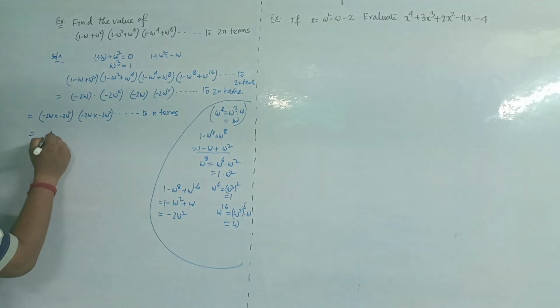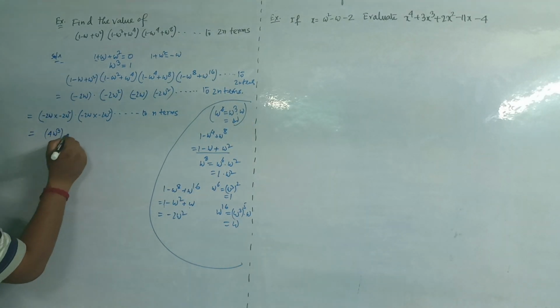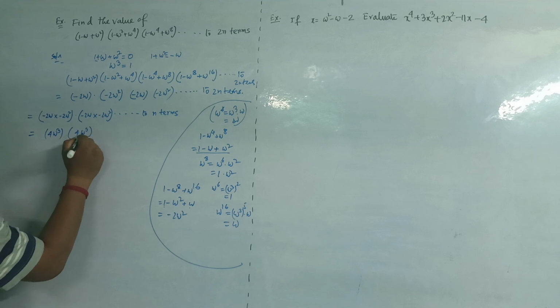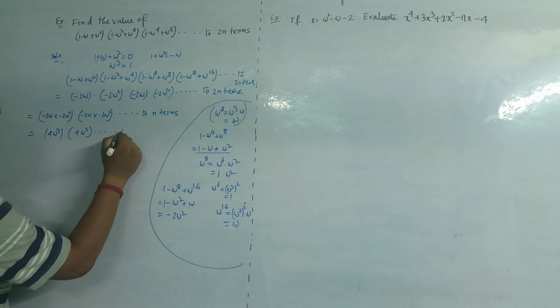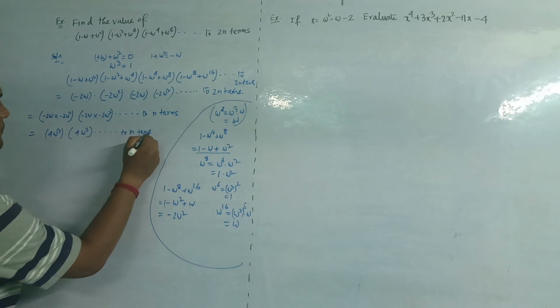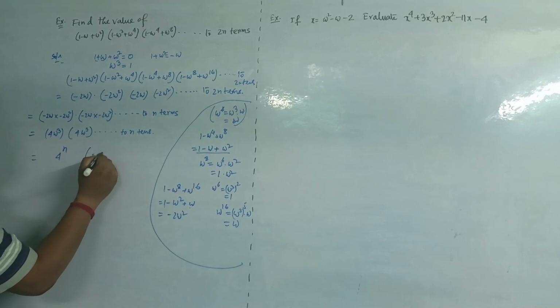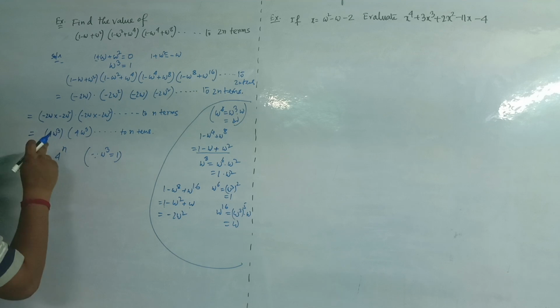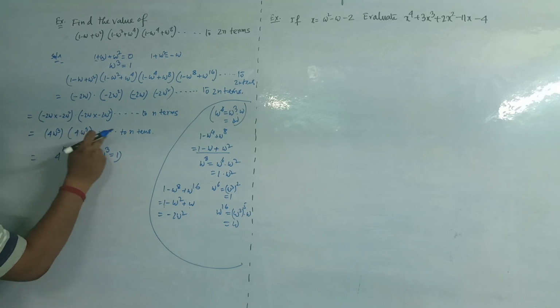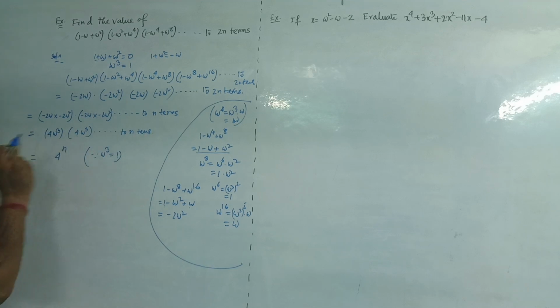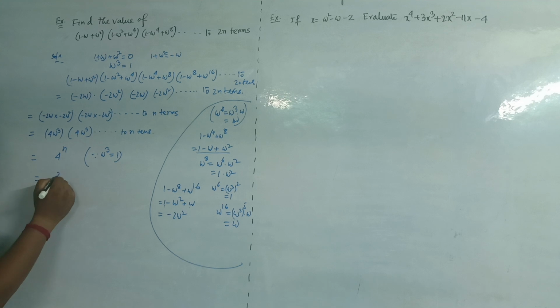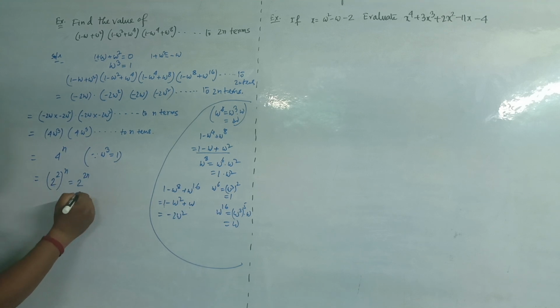So this is equal to 4 omega cube into 4 omega cube dot dot dot till n terms, and this equals 4 to the power n since omega cube is equal to 1. So 4 into 4 into 4 dot dot dot n terms. So this is equal to 4 to the power n, and that becomes 2 square whole to the power n, or 2 to the power 2n. So that is our answer.